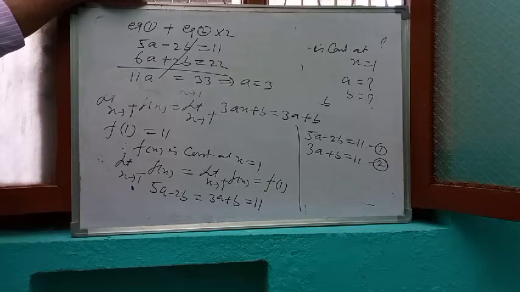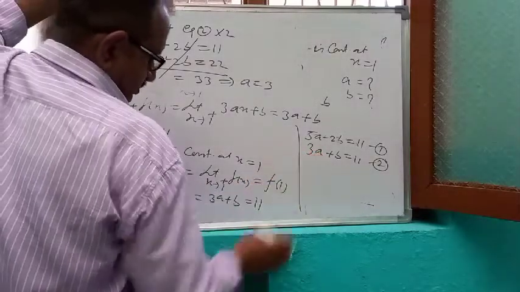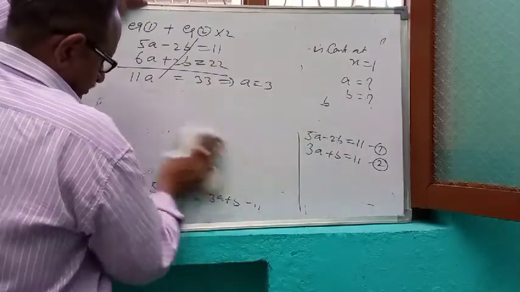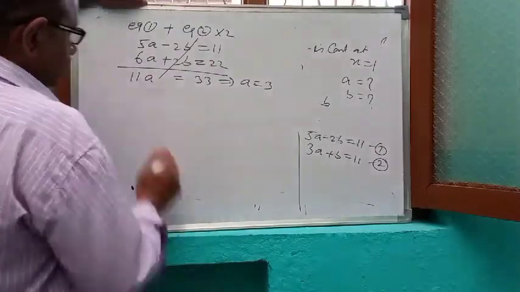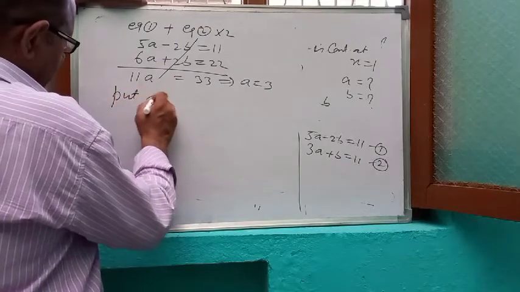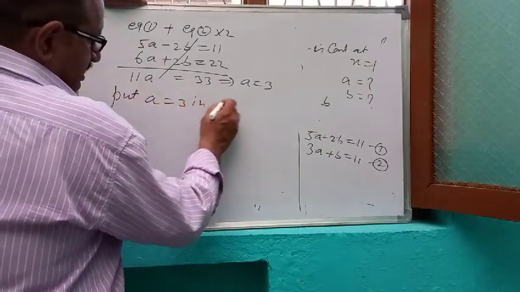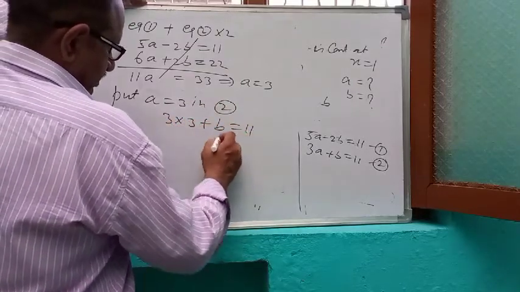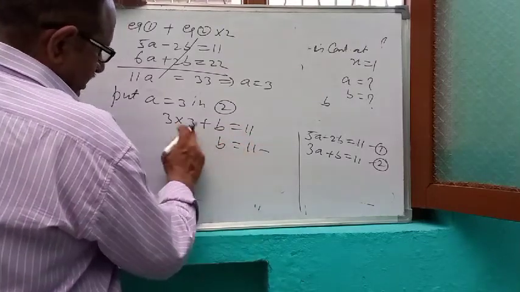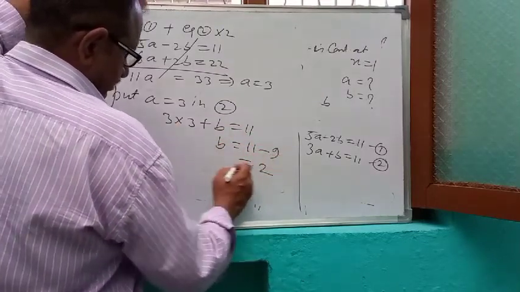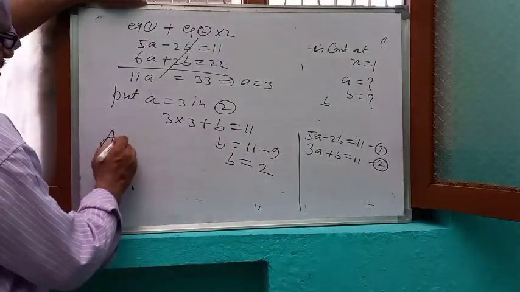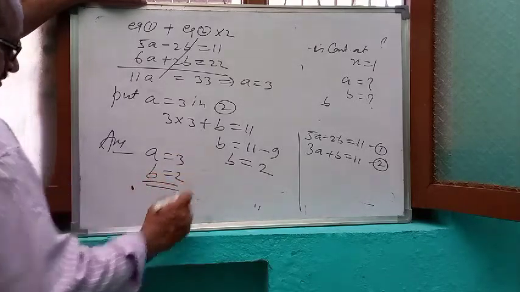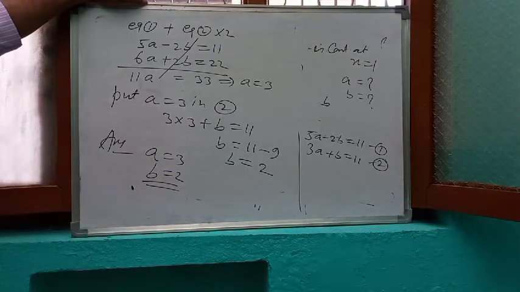Now put this value of a in equation number 2. Putting a is equal to 3 in the second, 3 into 3 plus b is equal to 11. So 11 minus 3 into 3, 9; 11 minus 9, 2. So the answer is a is equal to 3 and b is equal to 2.